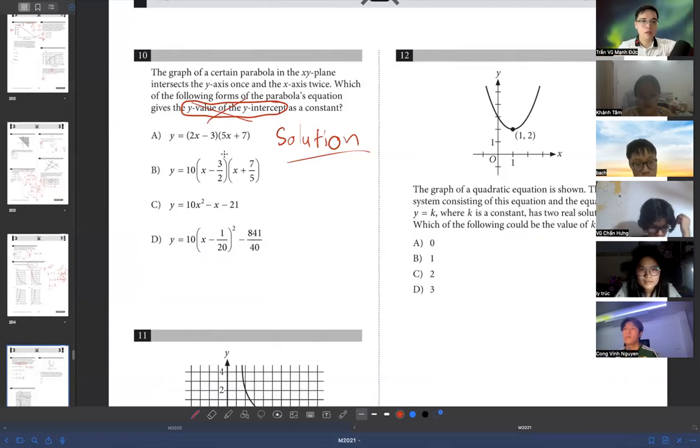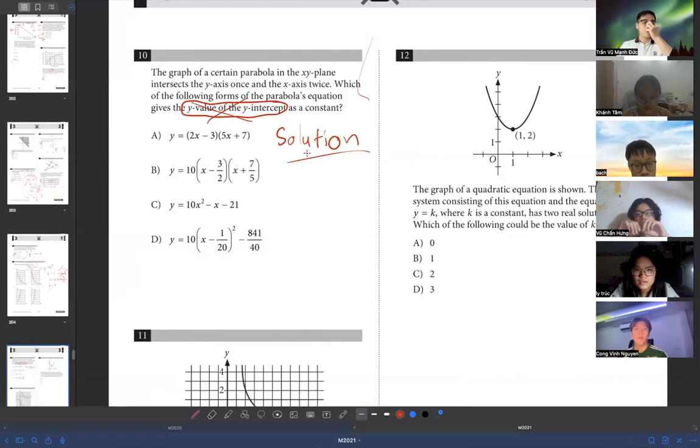B. Why is it B? Because it asks for the solutions, and B gives the form up to solutions of x.